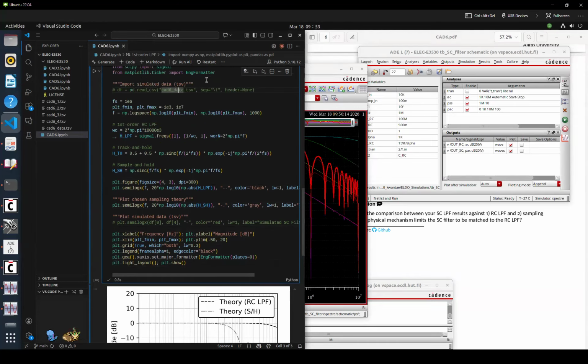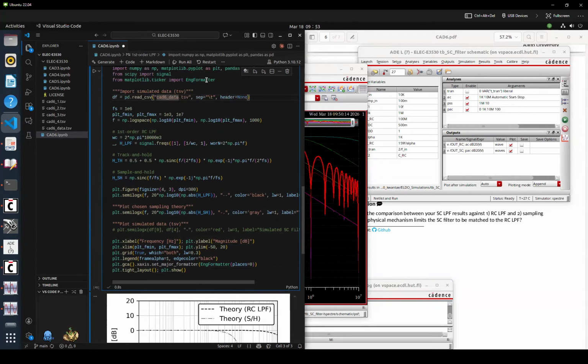So let me first import CD6 data, let's say 1, and this one, 1. And here I set omega C as a low pass filter cutoff frequency. I set 10 kilohertz.